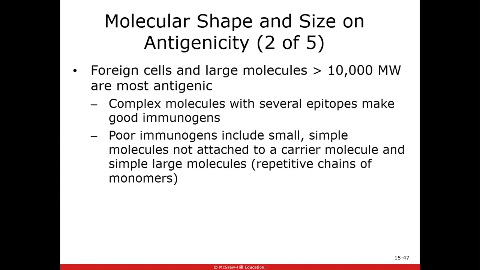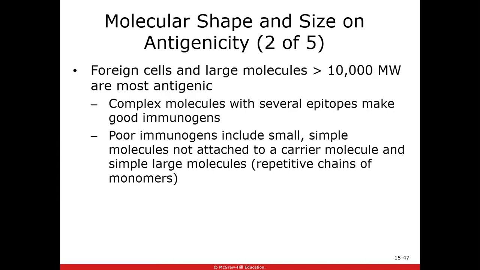They will cause the most response. Complex molecules with several epitopes, several areas that the immunoglobulin will respond to, make good immunogens. That means it will elicit a response. Poor immunogens don't elicit much immune response.